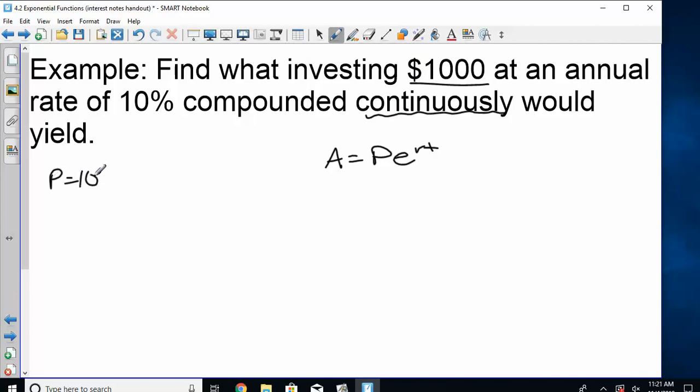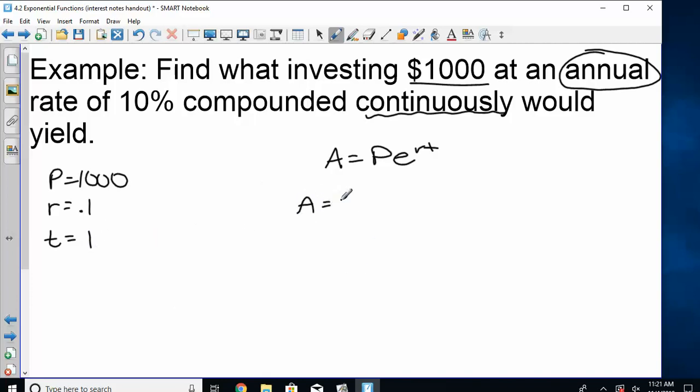Principal is what you start with. Rate of 10%, so R would be 0.1. What is my time? I didn't really say, but I see that word annual. So annual, we would assume 1 year, unless I told you otherwise.